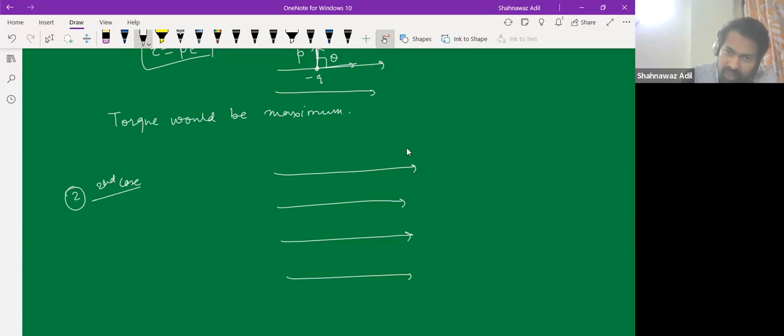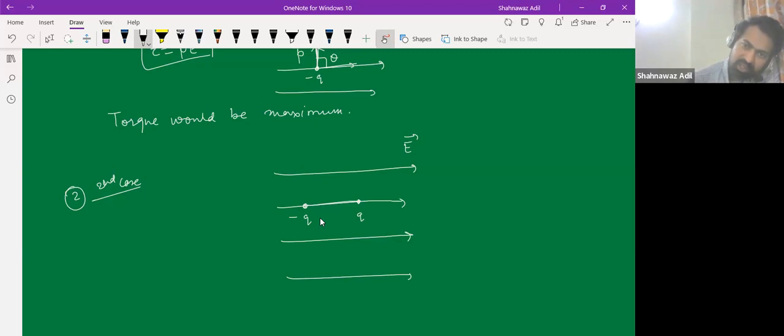So you have this electric field, right? And you put the dipole like this. So what is the angle between P and E? What is the angle? Zero degree, sir.